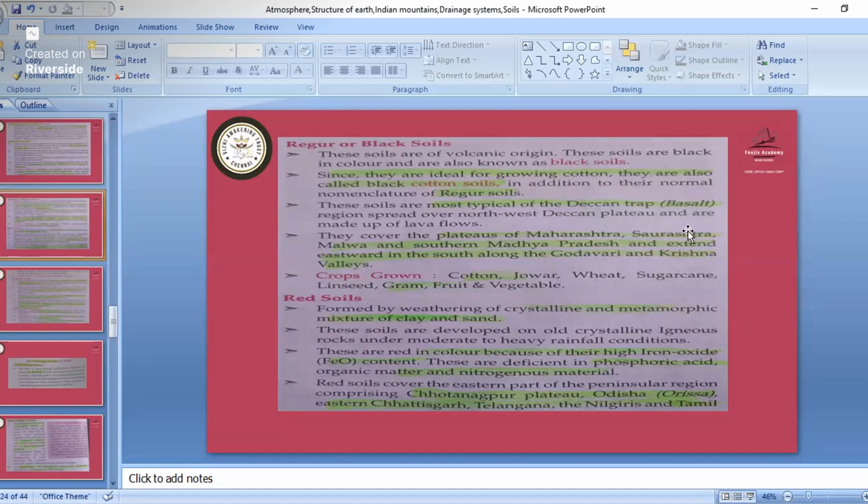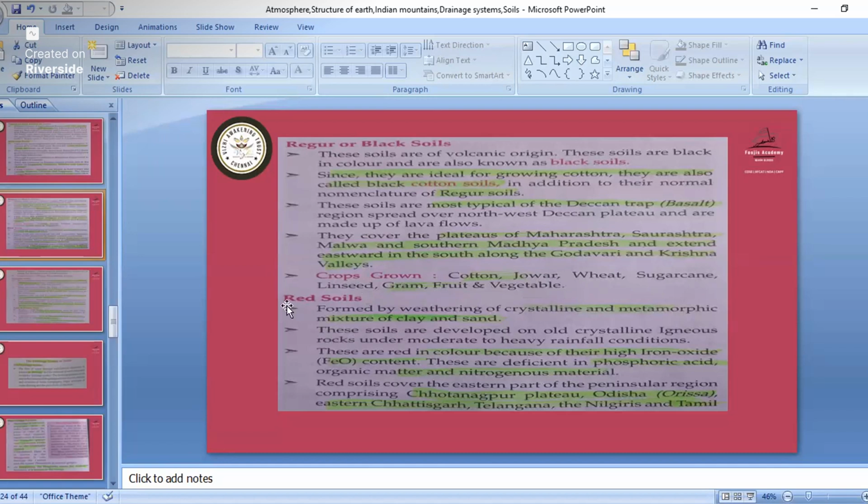They are Maharashtra, Saurashtra, Malwa, southern Madhya Pradesh, and extend eastward in the south along the Godavari and Krishna valleys. Crops grown in these soils are cotton, jowar, wheat, sugarcane, linseed, gram, fruit and vegetables.